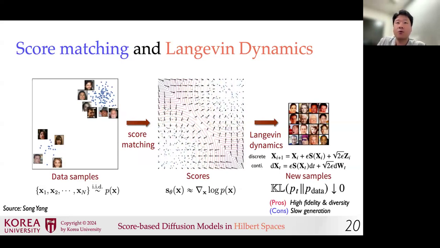Since we know this score function, theoretically the marginal densities of the stochastic differential equation solution obtained through the Langevin dynamics converge to the data density. Due to these facts and the maximum likelihood principle, score-based generative models have advantages in high fidelity and diversity.